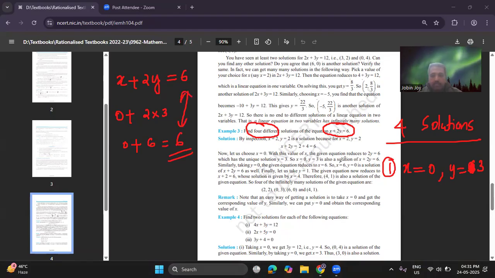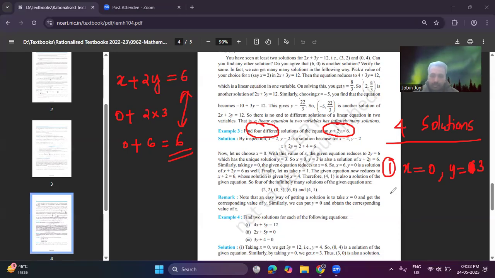We get 6 equal to 6, so this is a solution. x equal to 0, y equal to 3 is a solution.